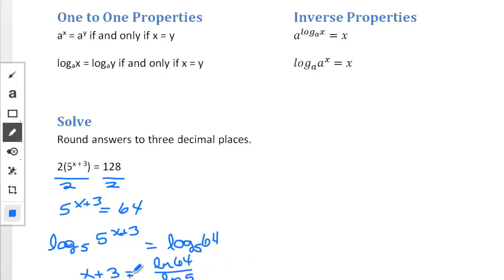So to get the x by itself, we're going to subtract 3 from both sides. So x will be equal to the natural log of 64 divided by the natural log of 5 minus 3.